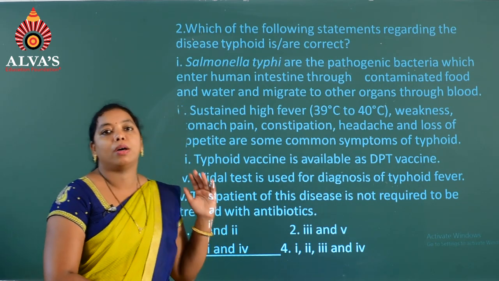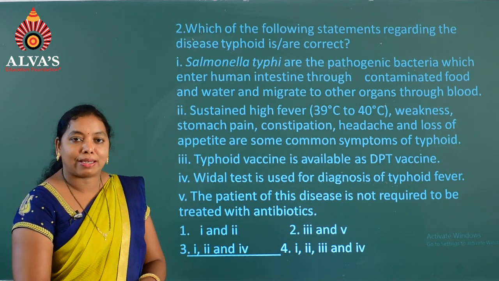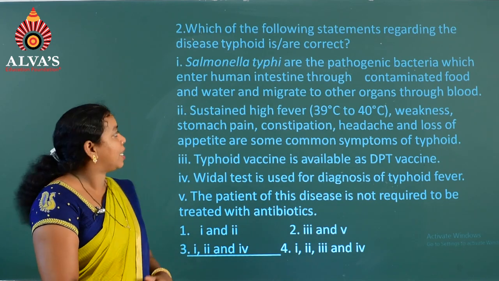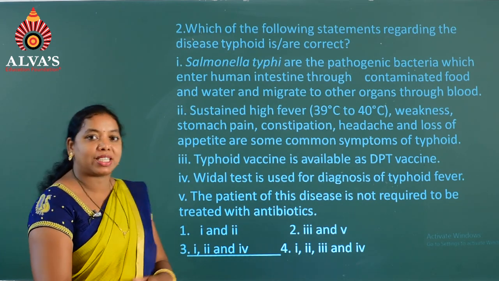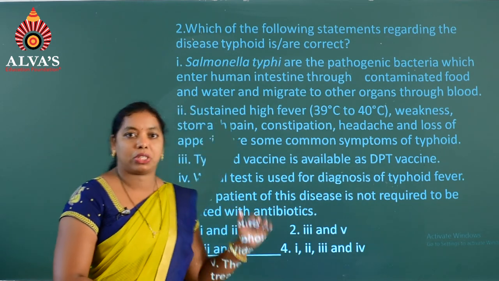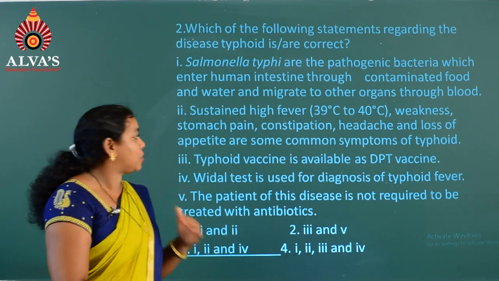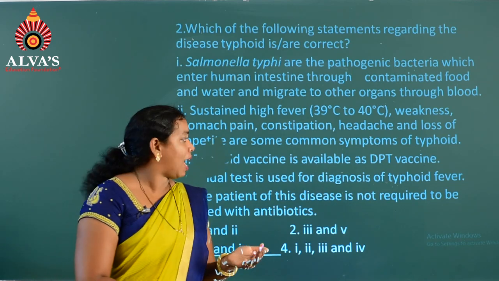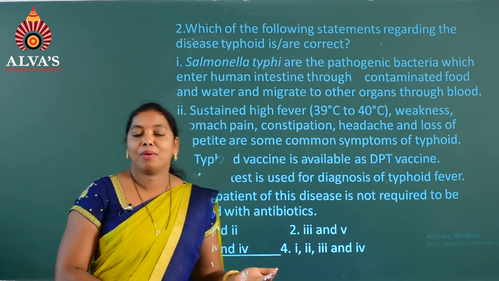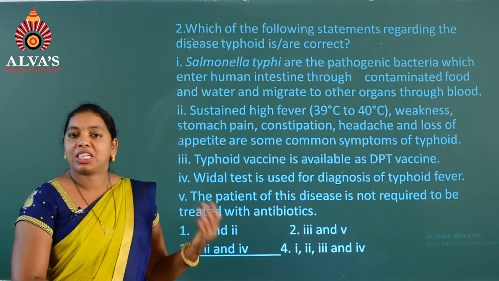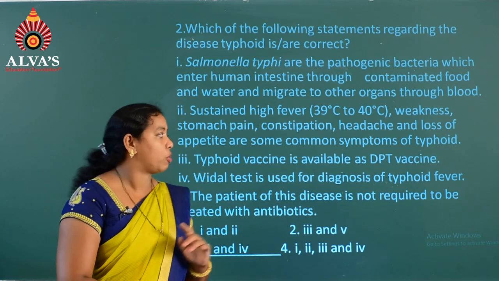The second statement, about the symptoms of typhoid, is also related. The third one, which says the typhoid vaccine is available as the DPT vaccine, is wrong, because the DPT vaccine is not used to treat typhoid.